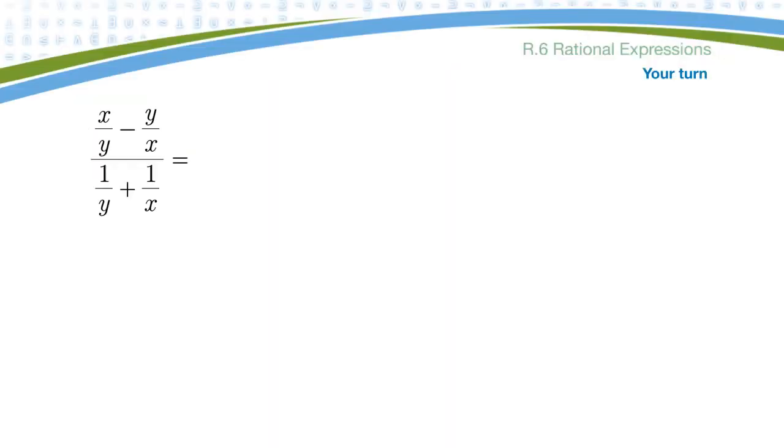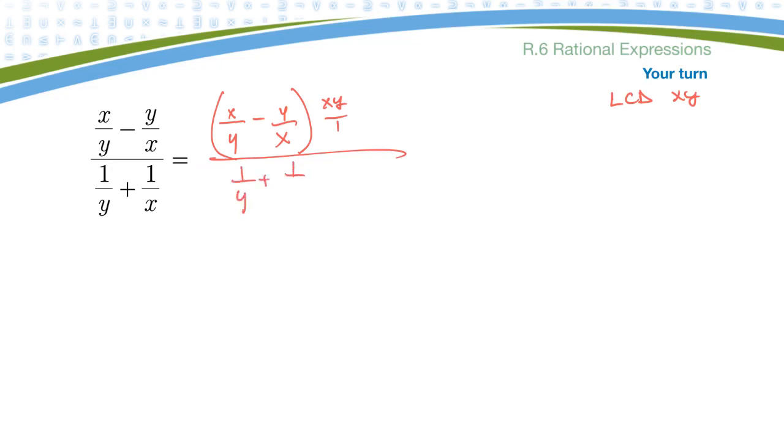Okay, hopefully that helps on that question. Okay, you try this one. I'm looking at it and I see a common denominator is going to be xy. So I'm going to take x over y minus y over x, and I'm going to multiply that by xy over 1. And then my 1 over y plus 1 over x, I'm multiplying that by xy over 1.